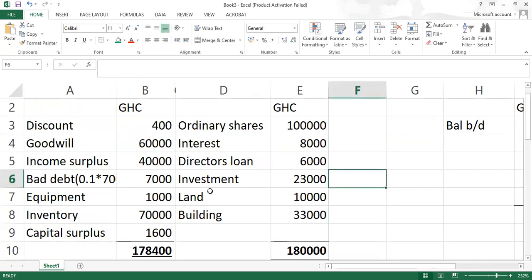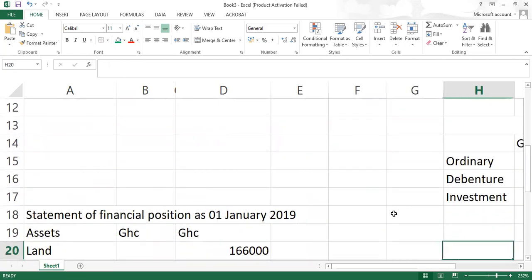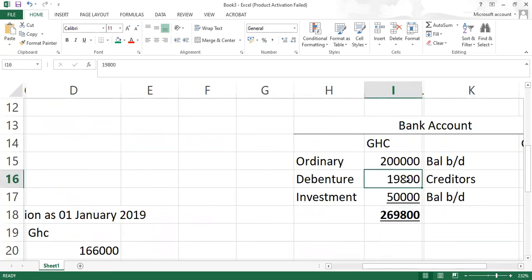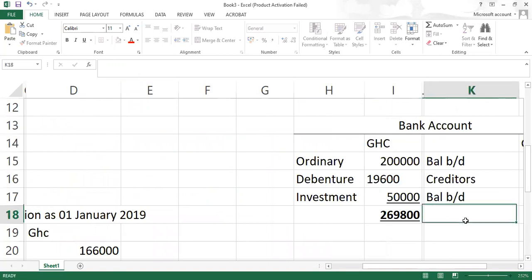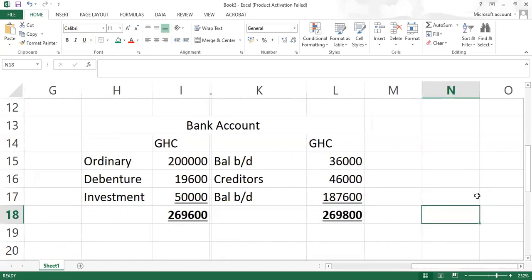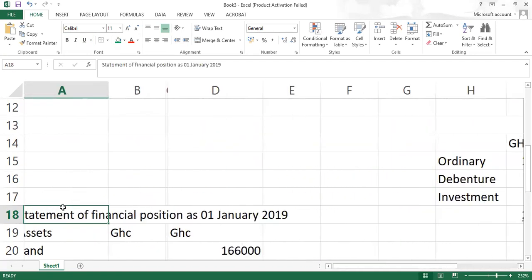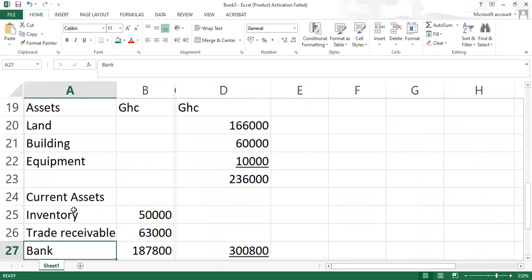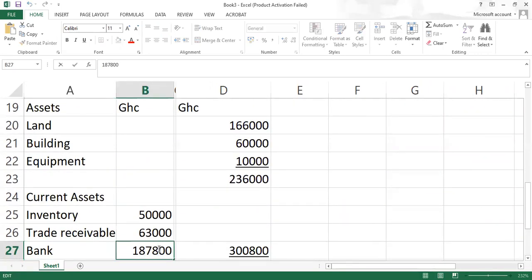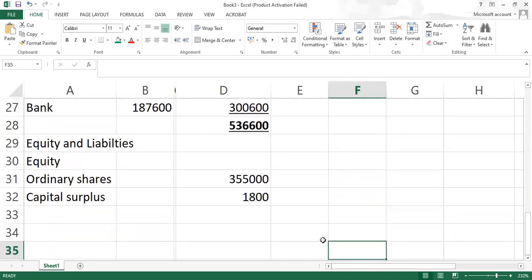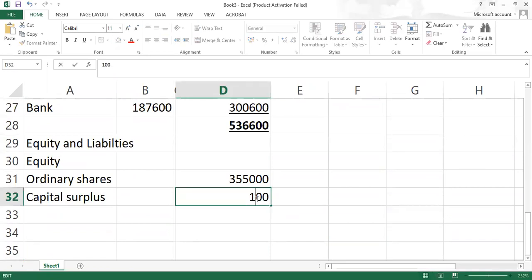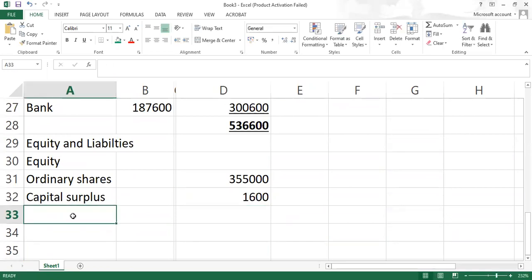So it means that the bank will also be having 19,600. So this will be 1,600, isn't it? All right. So what will be the next one?